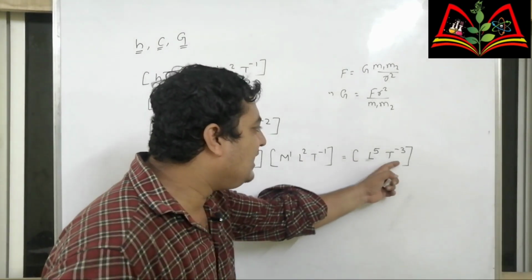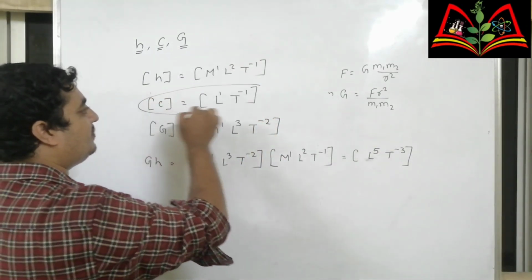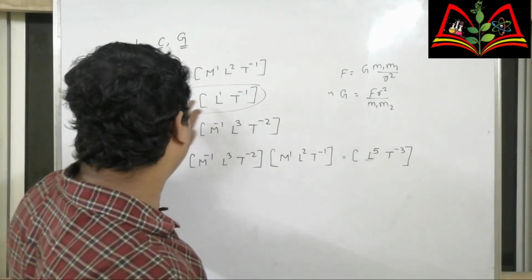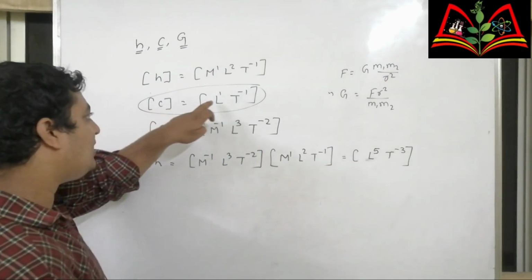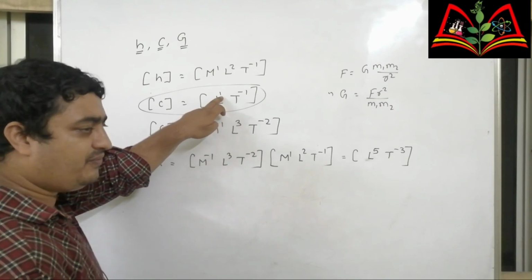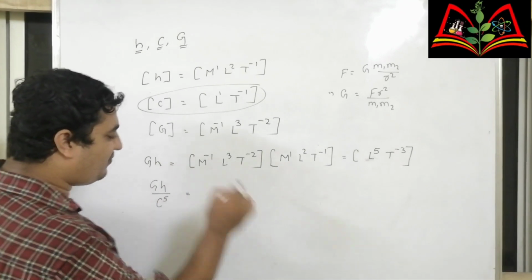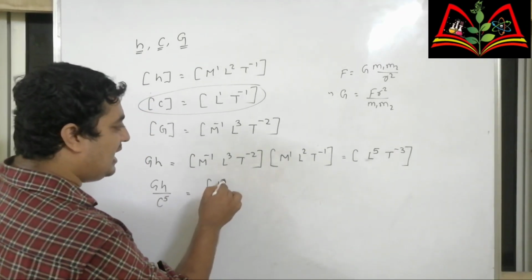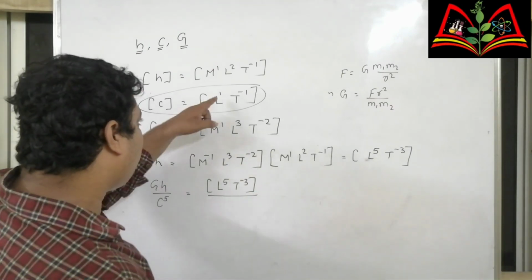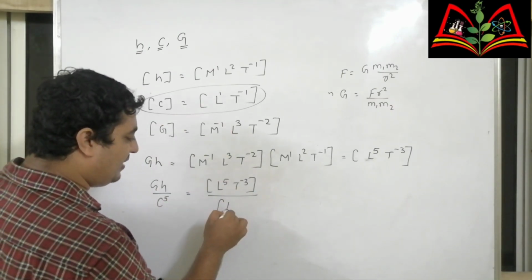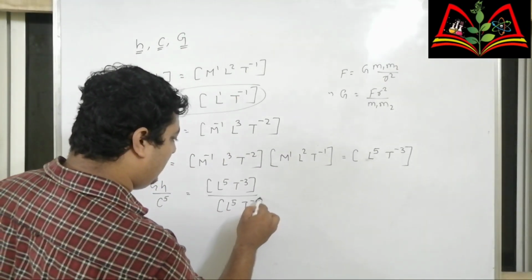Now, I can easily calculate length and time using C. If I have to cancel L to the power 5 here, I have to take the power of C to the 5. So I can write GH by C to the power 5. What happens? L to the power 5 T to the power minus 3 divided by C to the power 5, that is L to the power 5 T to the power minus 5.